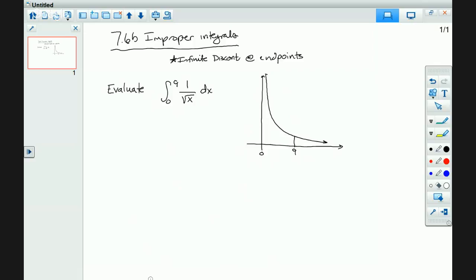And do you have any ideas on how we might take care of that? Limit as... we're going to make it R, as always. What does R have to approach? From the right.